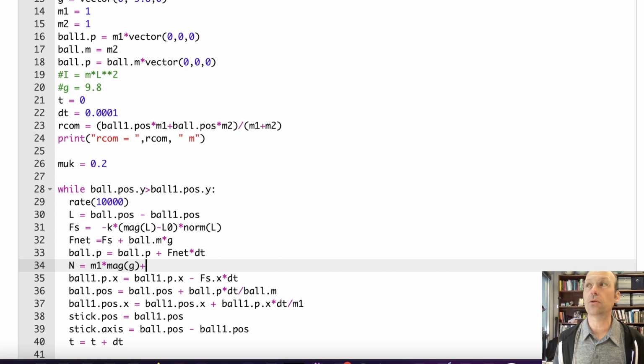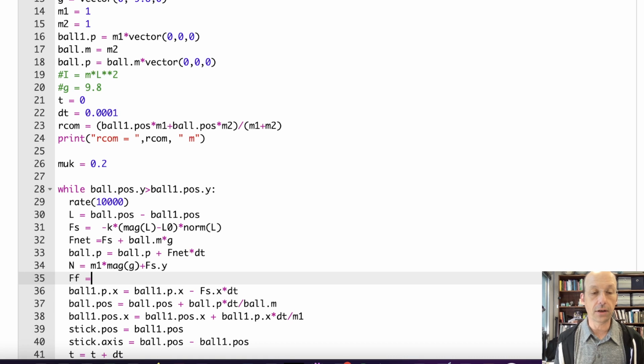I use that one because it is in the positive direction, the way I drew it. When I solved it, I need the magnitude of that. Okay, so that's N. It's a scalar value.